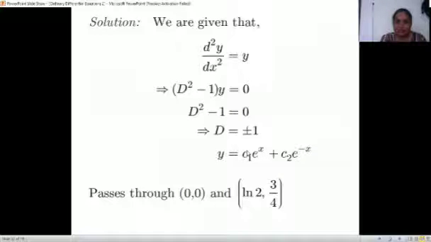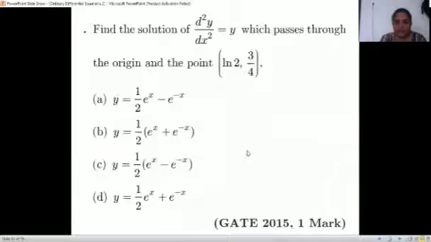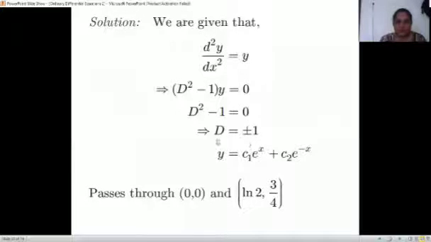D² − 1 = 0, that is D² = 1. Taking the square root, we get D = ±1. Right? D is plus or minus 1. That's why y = c1 e^x + c2 e^(−x).